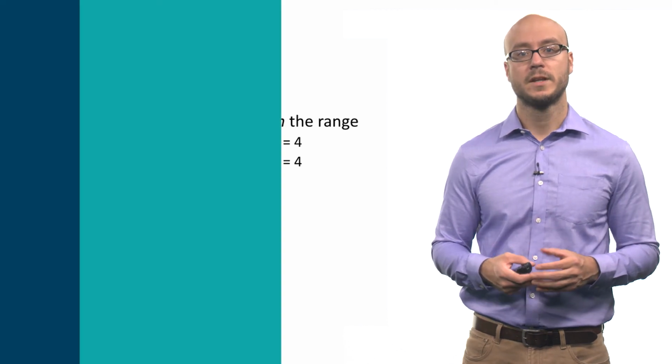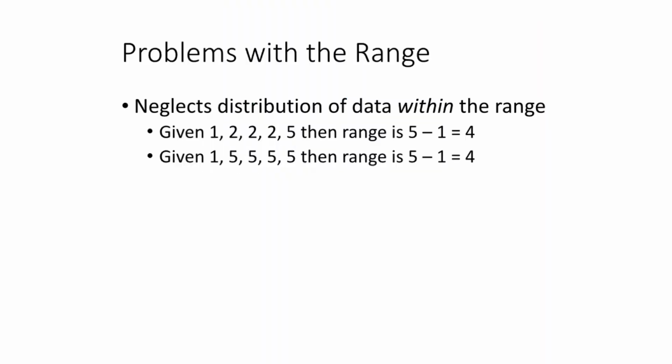So for example, if we have a set of observations of 1, 2, 2, 2, and 5, the range is 5 minus 1, or 4. But suppose instead of those three values of 2, we have three values of 5 for that middle part of the set of observations. Then the range is still 5 minus 1, or 4.